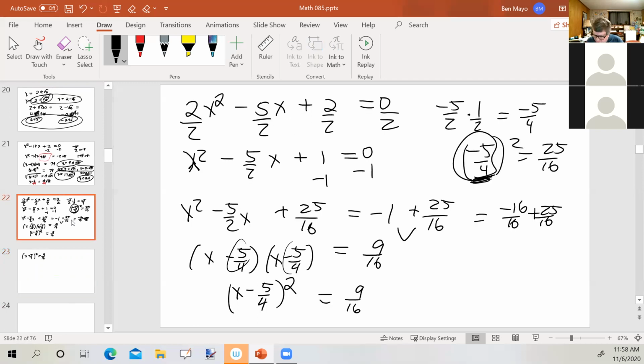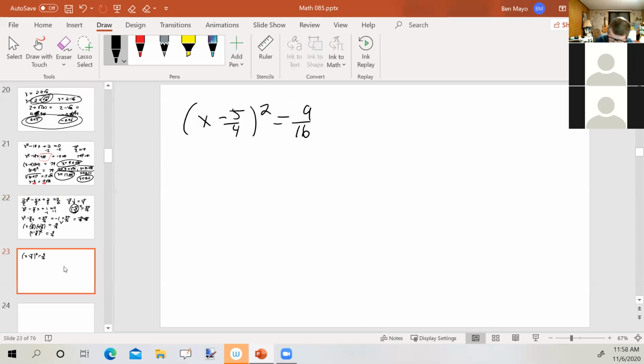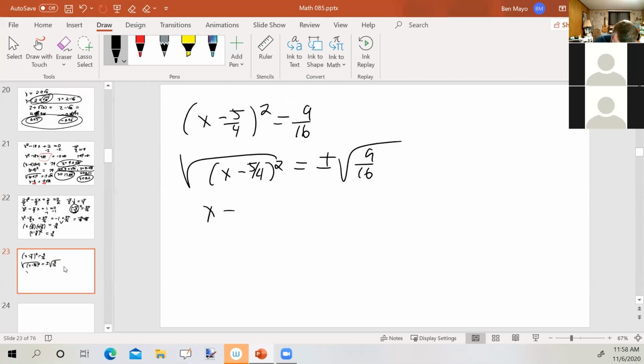Just give you another minute there to look at this page in case there's anything you're still writing down. Okay, so now we'll take the square root of both sides. So we get x minus 5/4 equals plus or minus 3/4, right? Because the square root of 9 is 3 and the square root of 16 is 4. Then we'll add 5/4 to both sides.